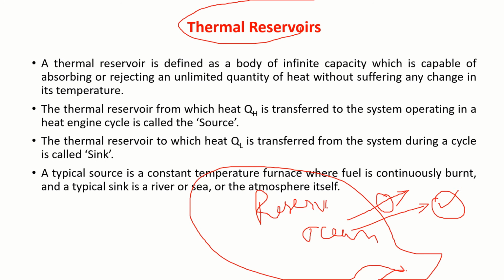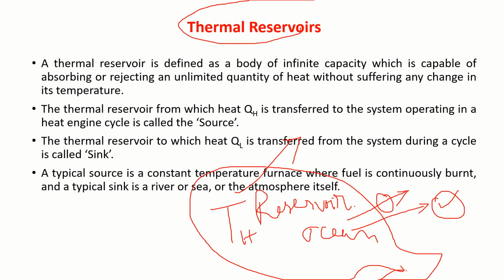Similarly, if I start pumping heat from here, let us say initially it has a temperature TH, and the temperature does not change at all, then it is a thermal reservoir. If it is at a high temperature, then it is a high temperature reservoir.